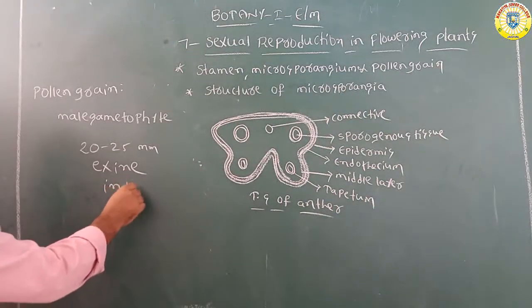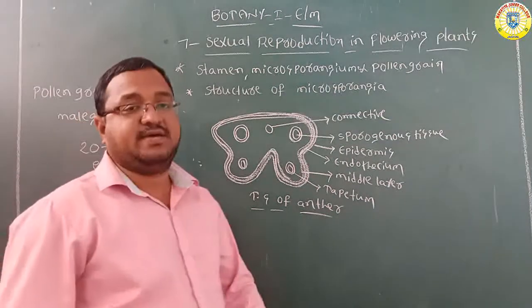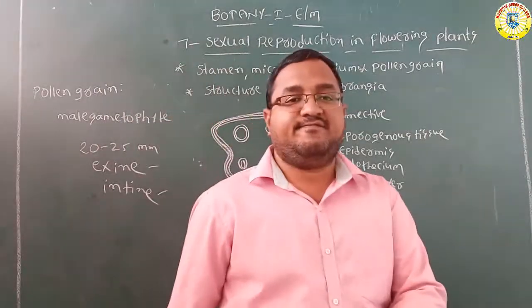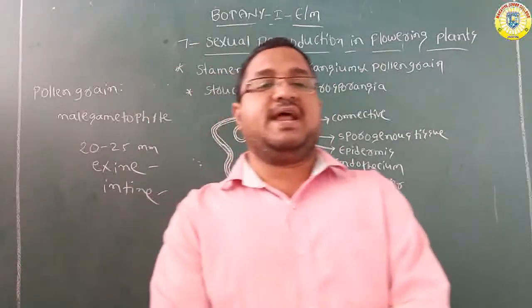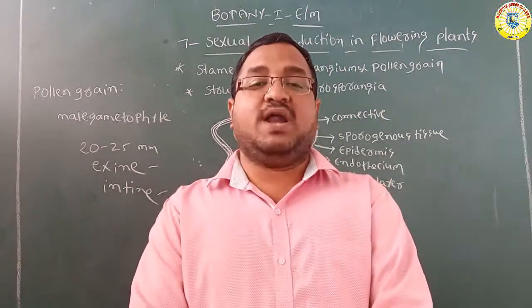The outer wall of the pollen grain, which is very hard, is called exine, and the inner wall is intine.